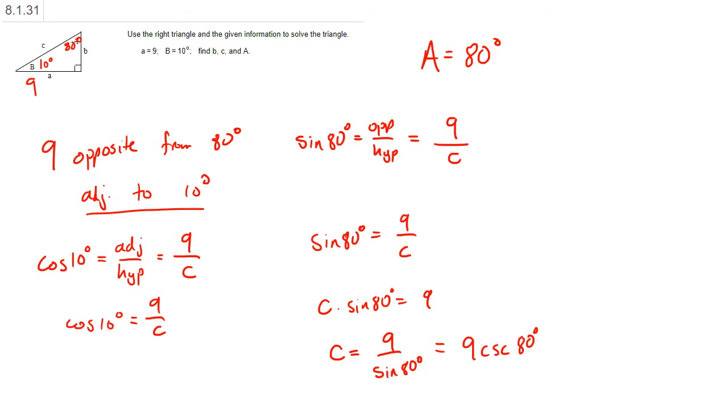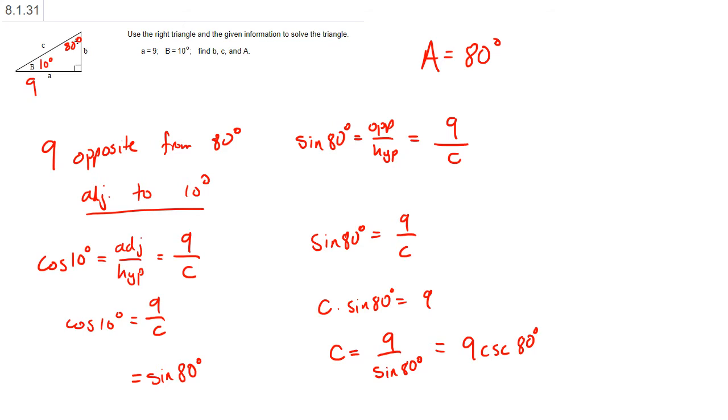If I compare cosine of 10 degrees equals 9 over c, sine of 80 degrees equals 9 over c, what we find is that the cosine of 10 degrees is equal to the sine of 80 degrees. This is where the term cosine comes from. The cosine of an angle is the sine of the complementary angle.